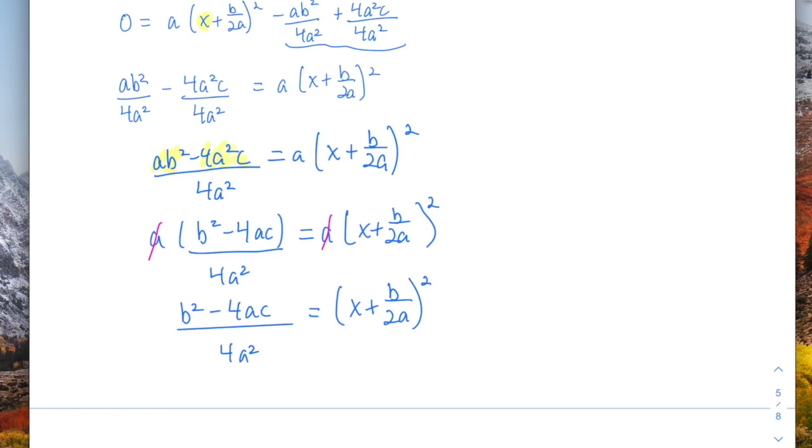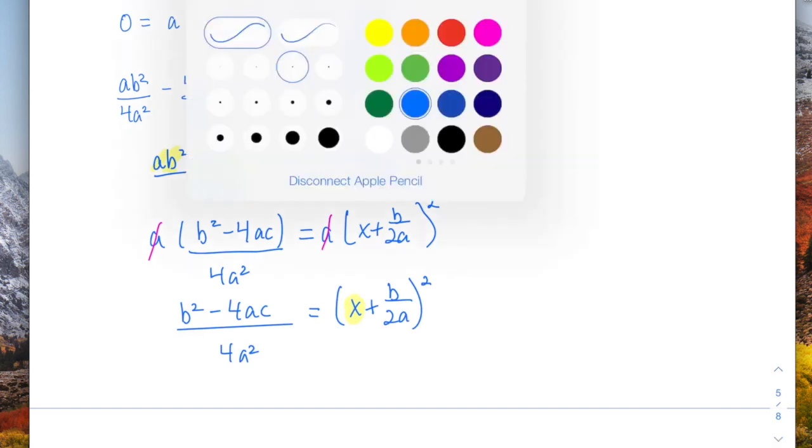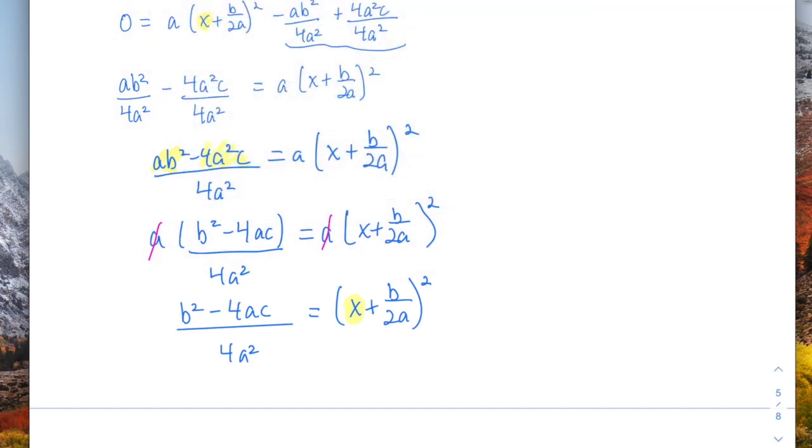For the next step, if we had numbers in this question instead of a's and b's and c's, you would know that one of the most important steps about getting x by itself is when I take the square root of both sides, I have to remember the plus minus. This is really key. So let's rewrite this equation up here.